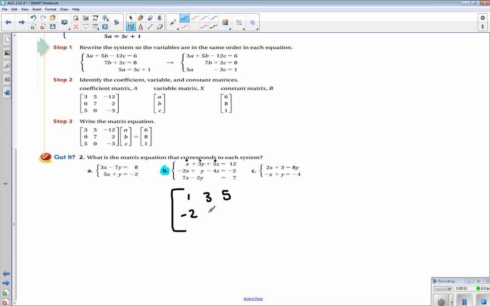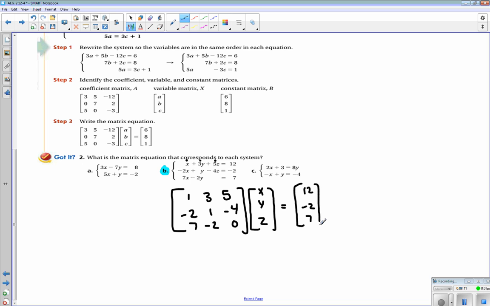You follow that same process here. If you don't have a term, then the coefficient is 0. So this is X, Y, and Z, and it's equal to 12, negative 2, and 7.